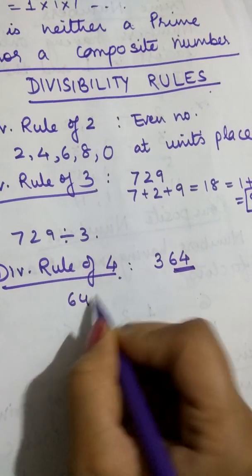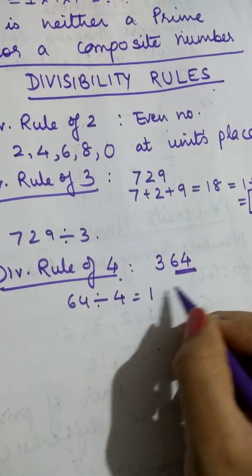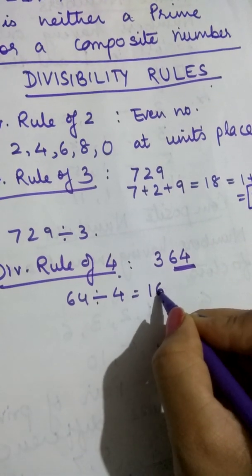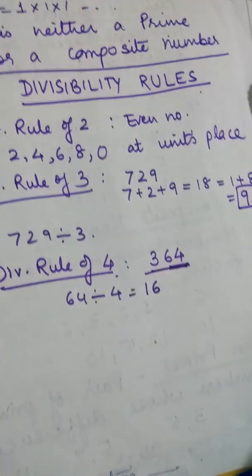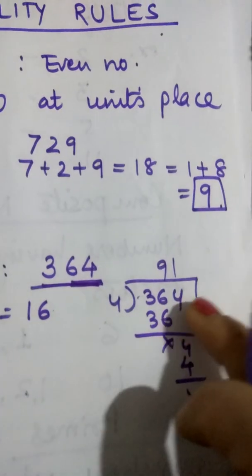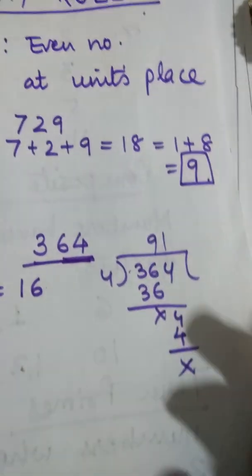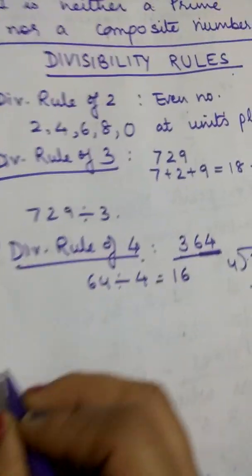Like 64 divided by 4 gives me 16. That means the complete number 364 will be divisible by 4. I'll show you. If I divide 364 by 4, I am getting 91. So it is completely divisible. So the rule is verified with one example also.